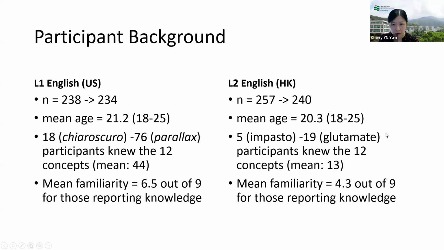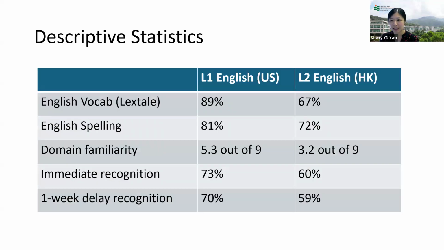Whereas if it's in L2, you can see the overall trend, fewer participants knew the concepts, and the mean was only 13 participants across the 12 concepts. And the rated familiarity was also lower, even though all of them reported some knowledge. This is just for information, just to keep in mind when we interpret the results.